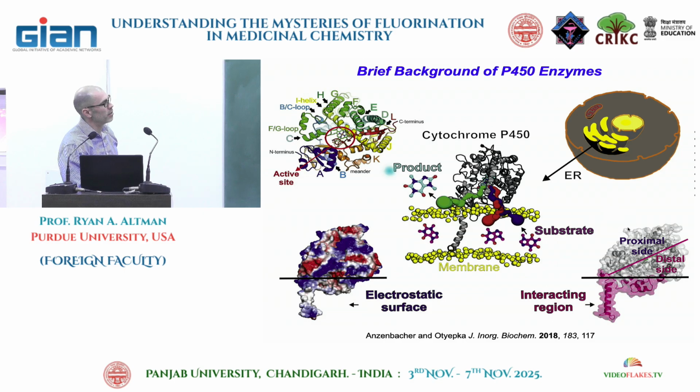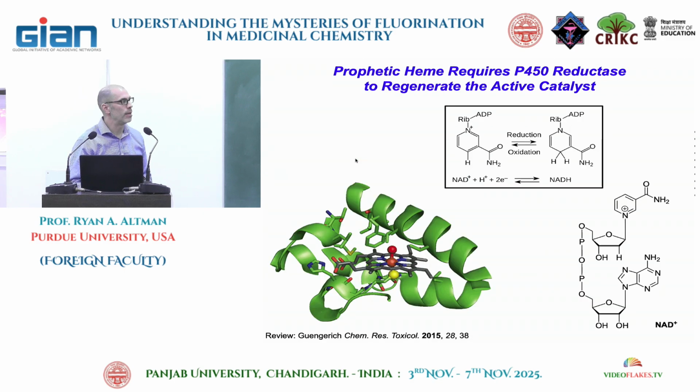In the active site of the P450, you have a heme. Okay, and the heme structure is embedded there. That heme has an iron in the middle of it, and that iron is going to be the catalytic species that reacts with oxygen, gets activated, and does all the key bioinorganic transformations that we're going to talk about.